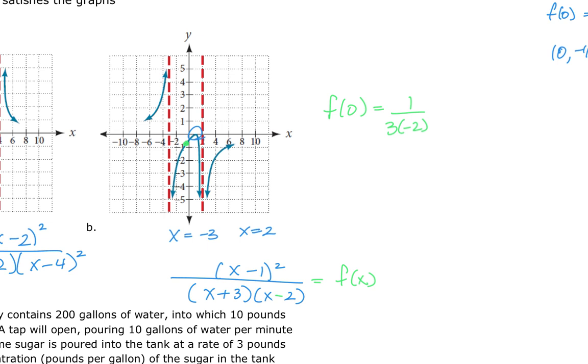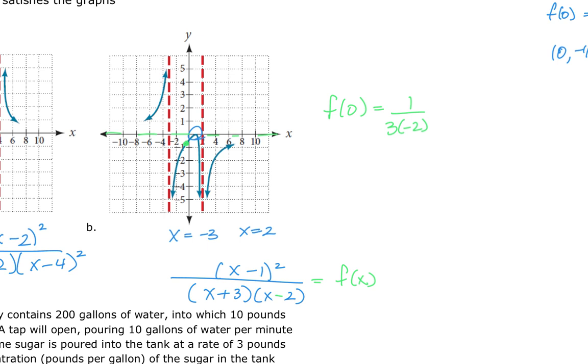But here's the problem. The degree of this polynomial in the numerator is 2. The degree of this polynomial in the denominator is 2. So one of these has to be bumped up, because it looks like I have a horizontal asymptote at y equals 0, not at y is equal to 1.